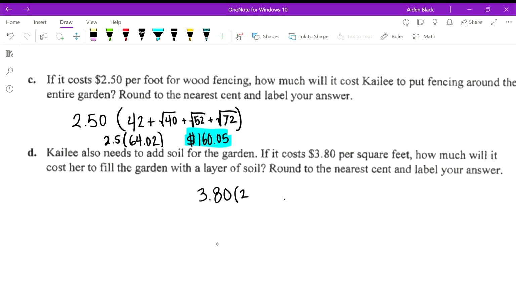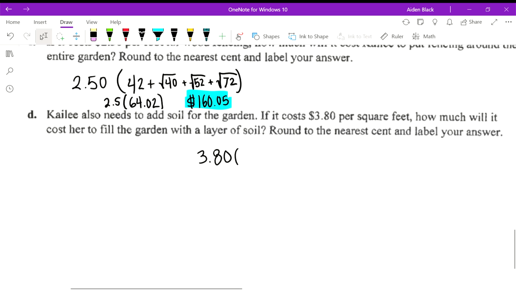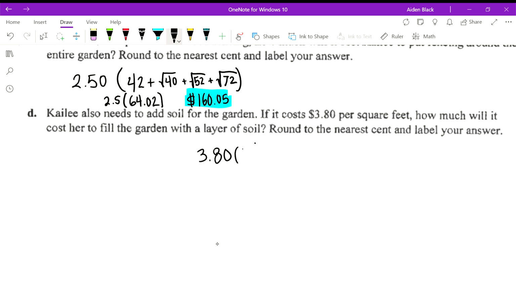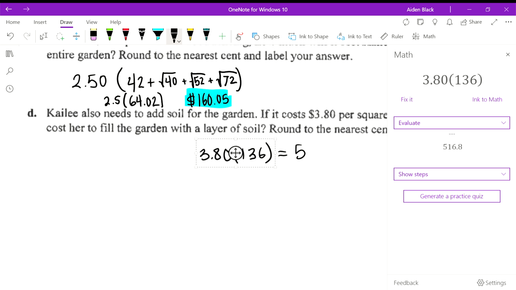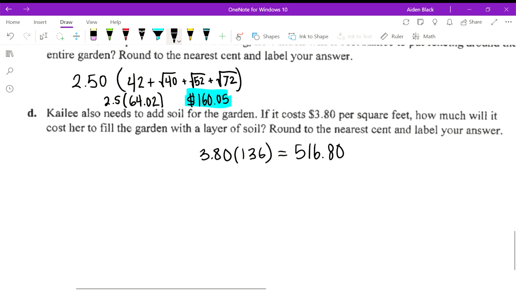So we want to know how much it'll cost for 136. To rewrite this, 3.80. Just use your calculator for this. 516.8. So it'd be $516.80. Cool.